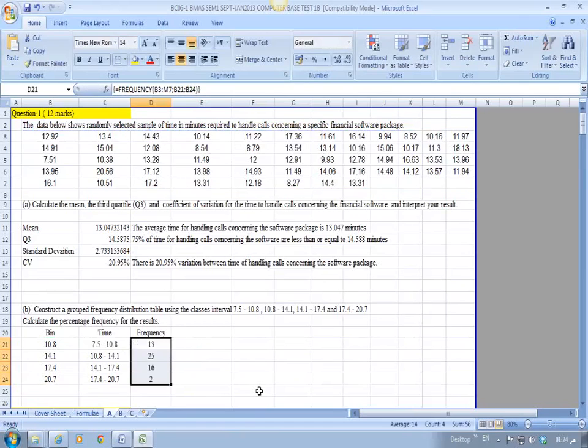Then you will find the computer calculates all the frequencies for you. Here is the first answer for the question, construct group frequency distribution. This is a group frequency distribution.